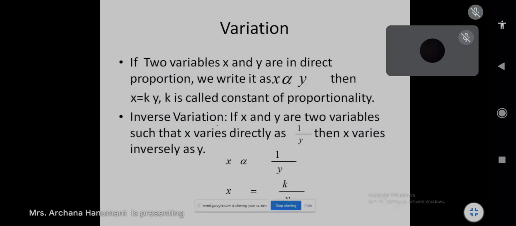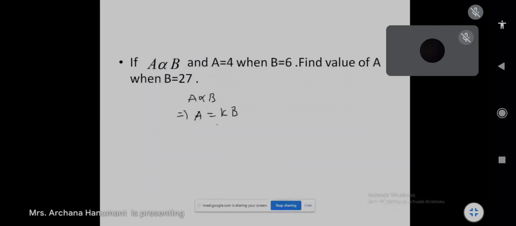Same thing, a is proportional to b, so a is equal to k into b. So how to find this constant? Here a is equal to 4, b is equal to 6, so k is equal to 4 divided by 6, which we get as 2 by 3. Correct. And our task is to find the value of a when b is 27.